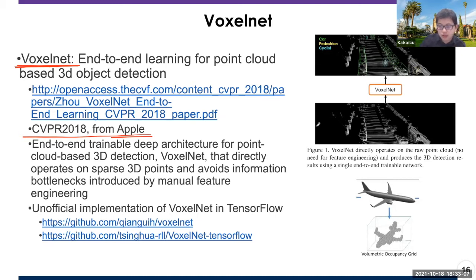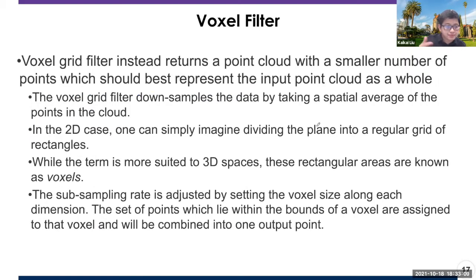So last class we already talked about some of the basic approaches, right? The first step is the voxelization process. They use the voxel grid filter to divide the 3D space into voxels. They can also change the voxel size based on the subsampling rate.